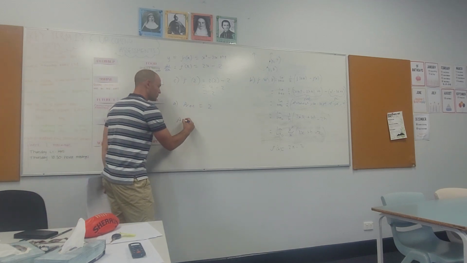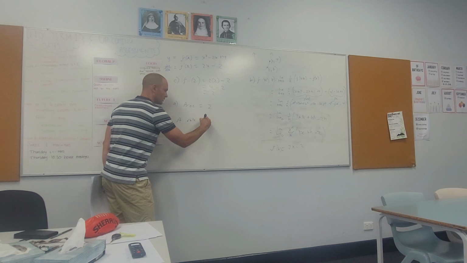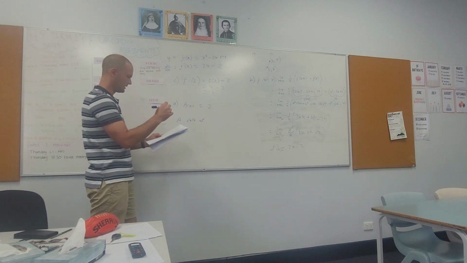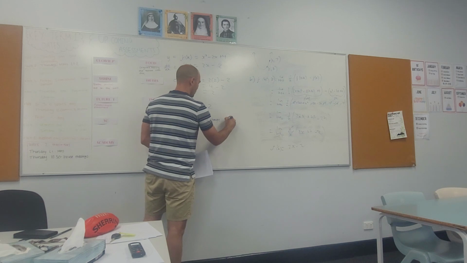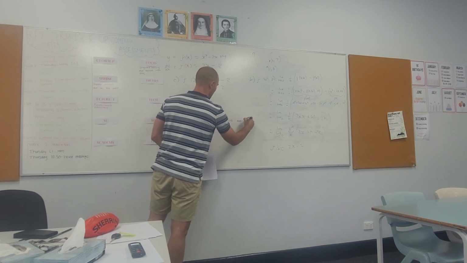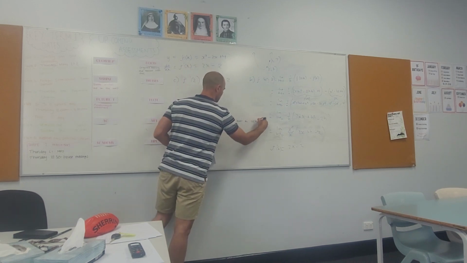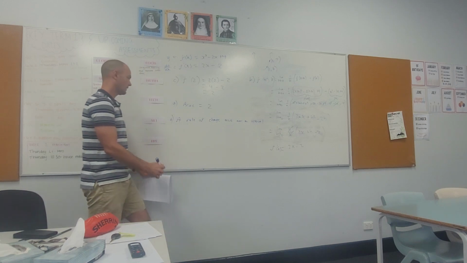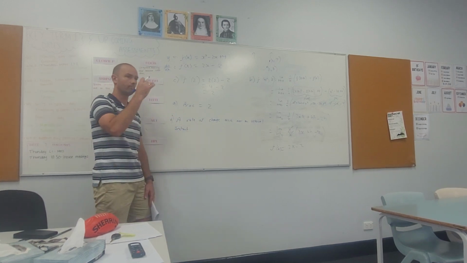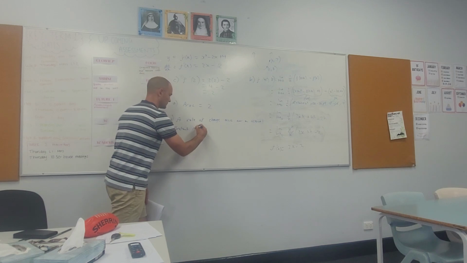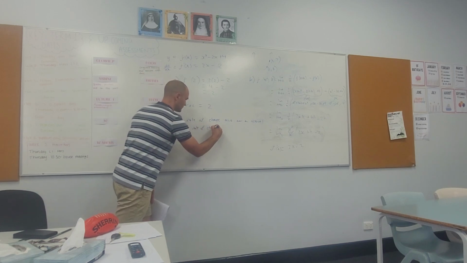So, average rate of change, so this is our answer to part D. Average rate of change occurs over an interval. Instantaneous rate of change occurs at a point.